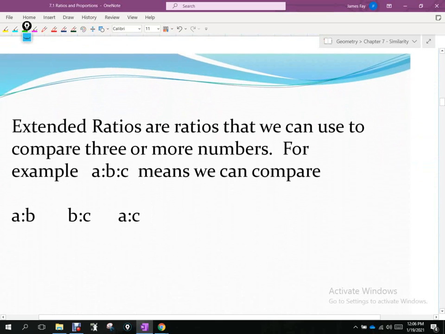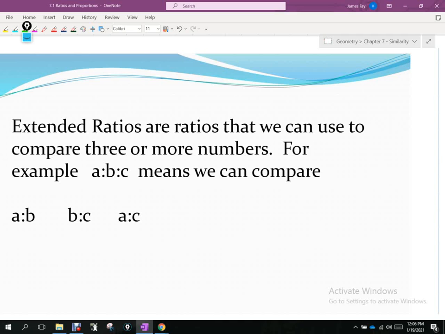Extended ratios are a thing. So I'm not just limited to comparing 2 objects. We can compare 3 objects, 4 objects, 5 objects, however we want to. Okay. Now the way that we write them in fraction form is a little bit messier. This format, when we have an extended ratio, the convenience lies in using the colon.